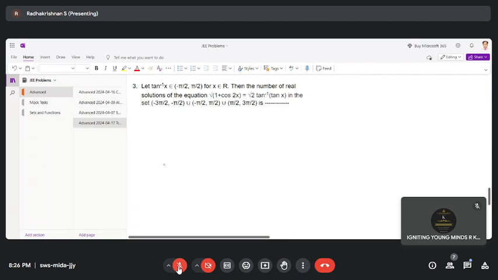The square root of 2 is separate. The square root doesn't apply to the tan part. So in this range, what are the number of solutions to this equation?